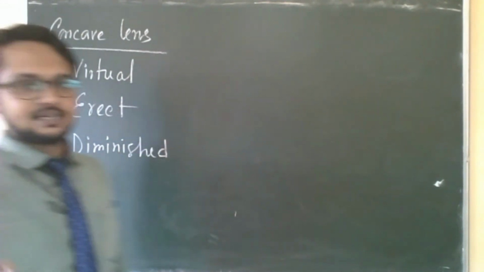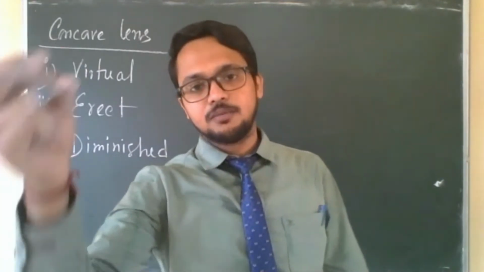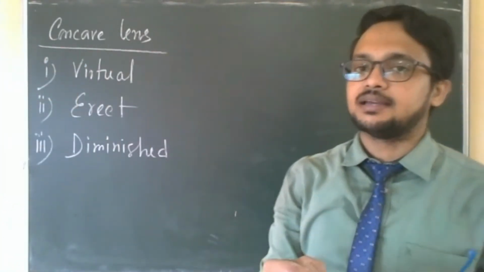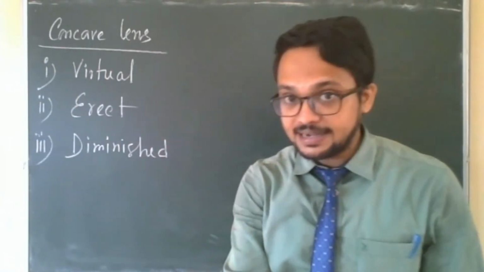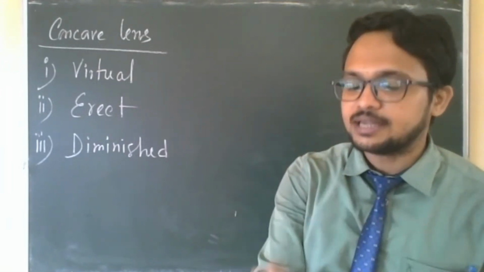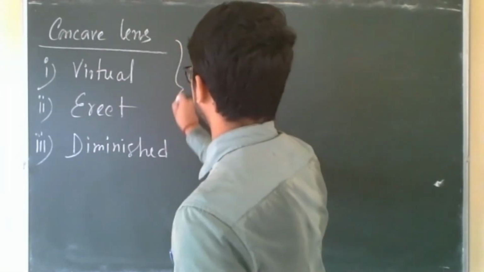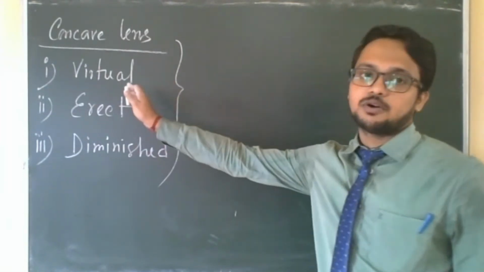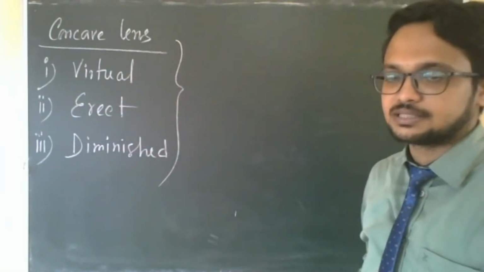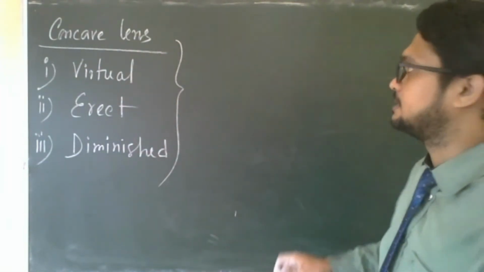If the object is at infinity, the image will be formed at the second focus. If the object is at a finite distance, the image will be formed between the second focus and the optical center. Concave lens can only form a virtual, erect, diminished image. Concave lens cannot form a real image.